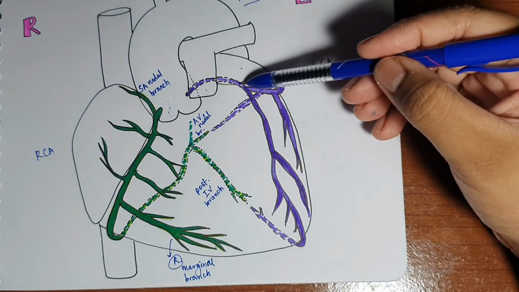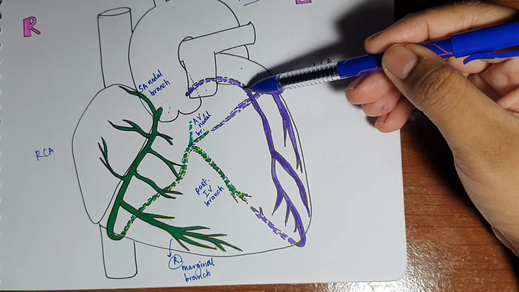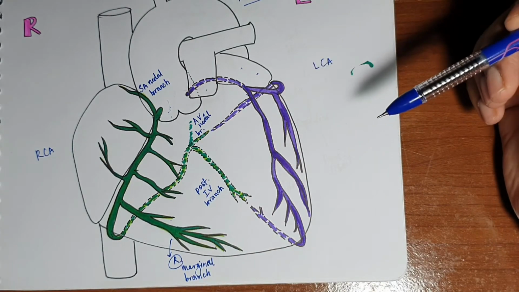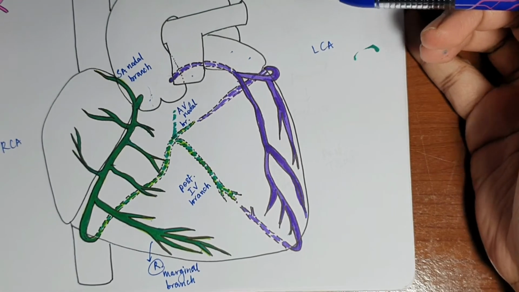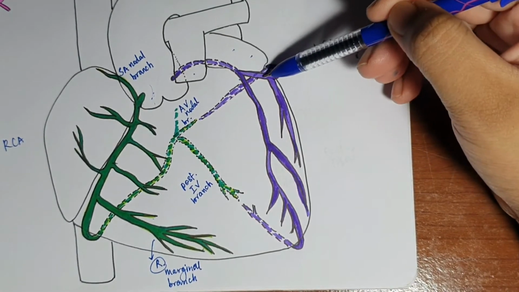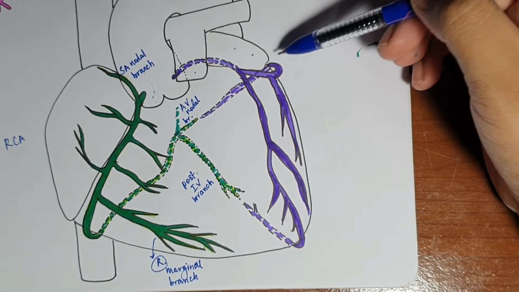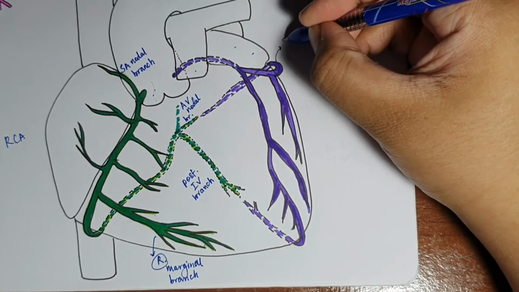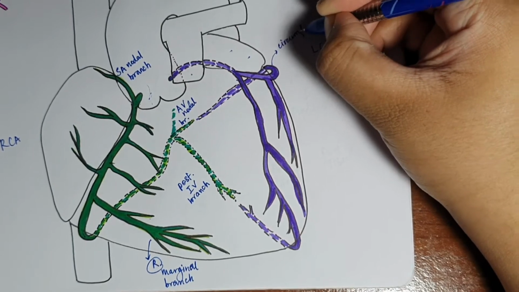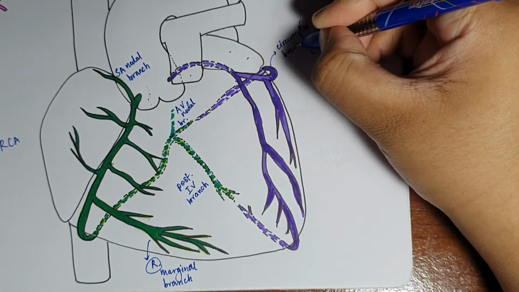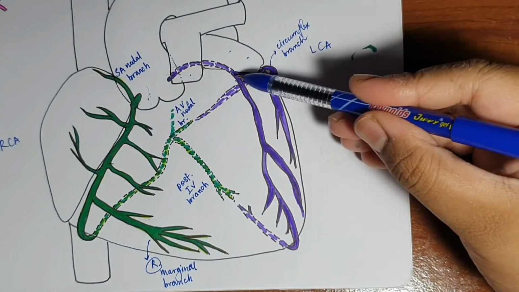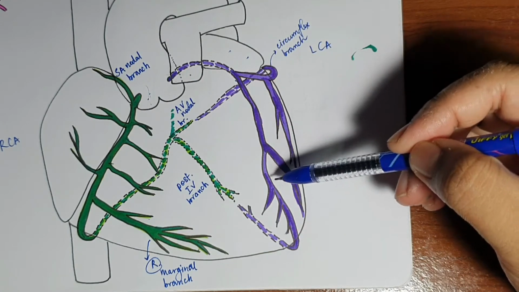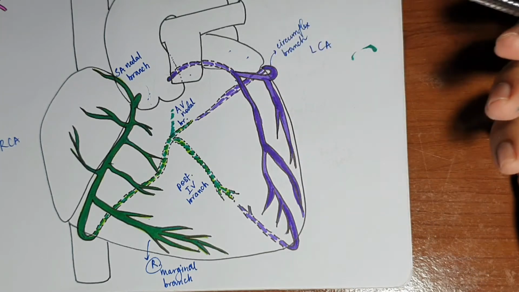Now it again runs in the coronary sulcus, and it divides into two arteries. Now one is the circumflex branch. This one here, which turns and goes behind, is the circumflex branch. And this one descending anteriorly is the anterior interventricular branch, or the left anterior descending artery.